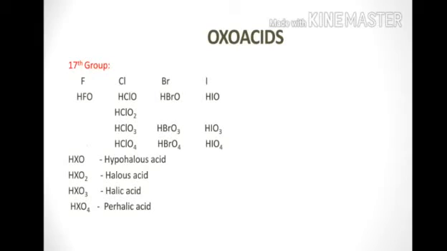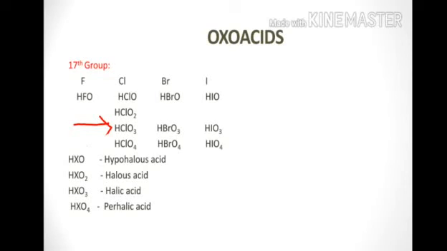Next one is the halic acid, which has the formula HXO3, and the examples are HClO3, chloric acid, HBrO3, bromic acid, HIO3, iodic acid. These are strong acids and the halogen in these acids exists in +5 oxidation state.